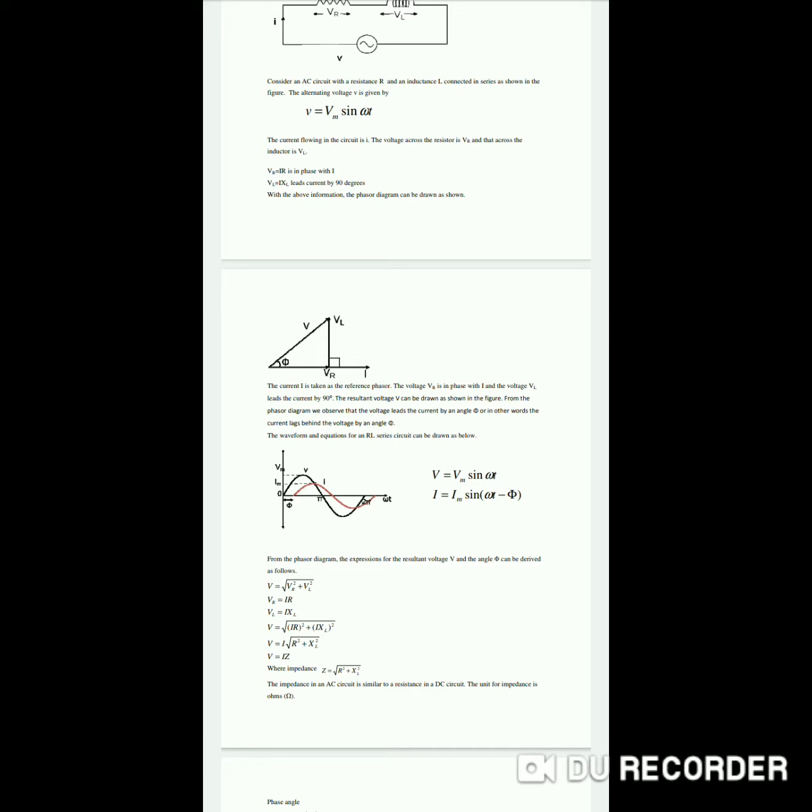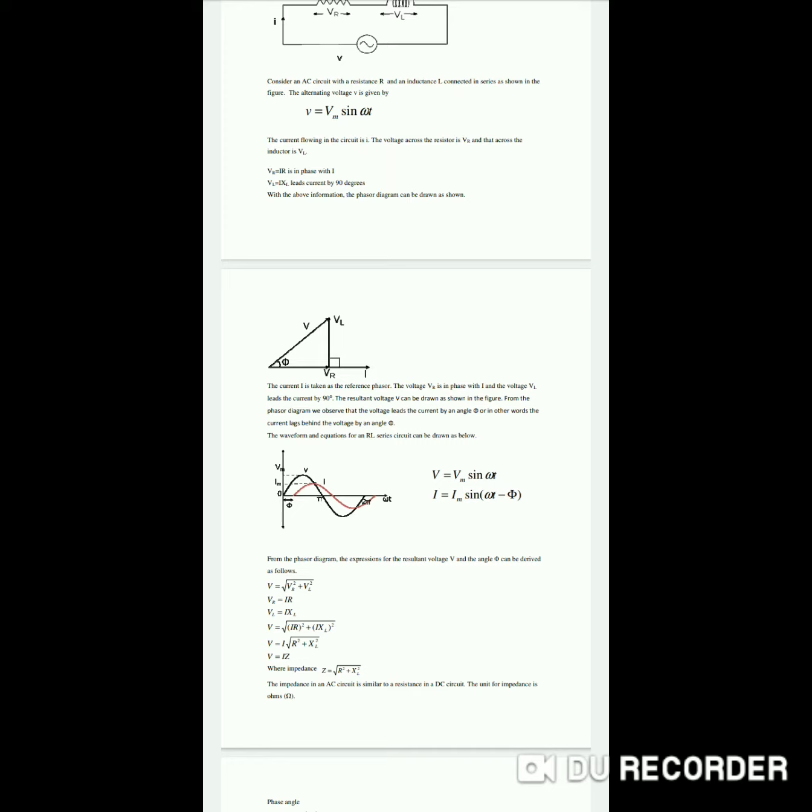How VR is in phase, you can watch in the previous videos about pure resistance and pure inductance. Resistance will always be in phase, and the inductance leads the current by 90 degrees.